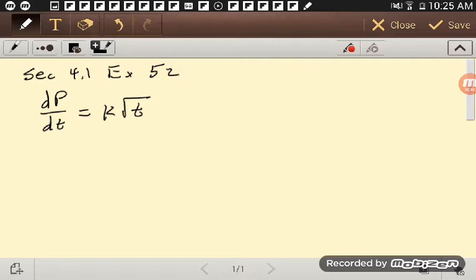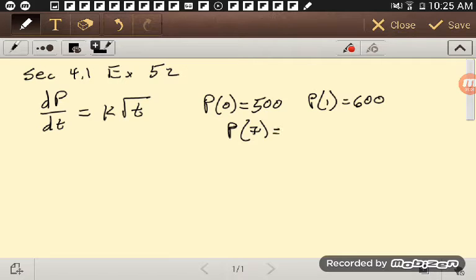I don't know how many populations would actually work that way, but nonetheless, we can do this antiderivative, and so we'll go with that. And we're also told that the population at time 0 is 500, and the population at time 1 is 600. And we would like to know what the population at time 7 is, or day 7. Okay, well, I can find P of t simply by taking the antiderivative of dP/dt with respect to t.